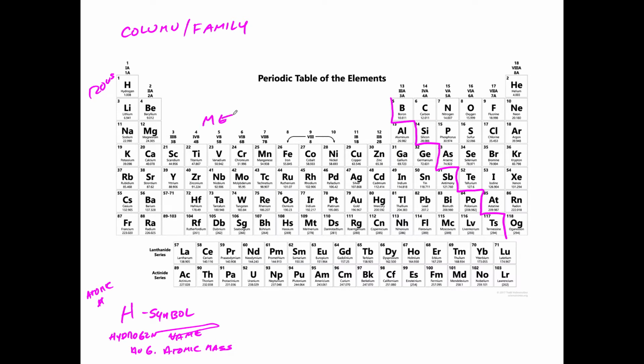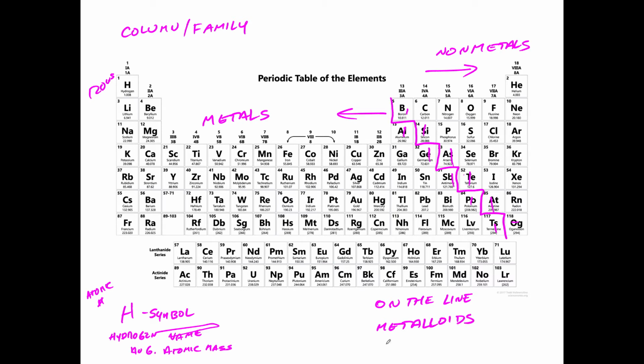And I'll reiterate this in a minute, but these are the metals. Everything from the left of this line to the right of the line is non-metals. And in between, and on the line, we call them metalloids or semi-metals, because these elements here can act as both metals and non-metals.